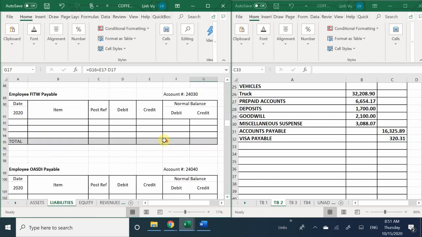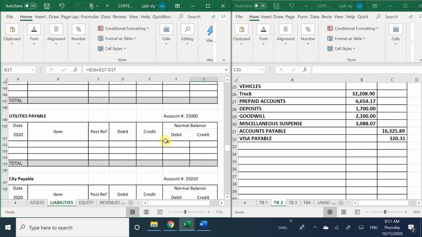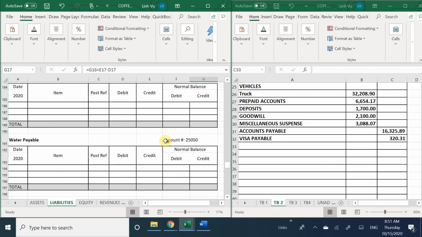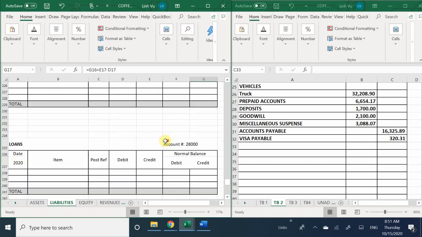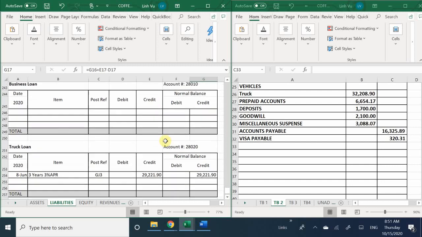Other things that we've encountered so far, we only have one more, and that is going to be my truck loan. All right. So let me go find my truck loan. Should be the very end of this.